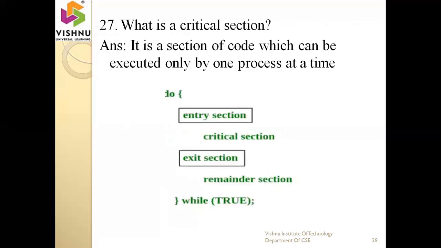Next one is, what is the critical section? A critical section is a section of code which can be executed only by one process at a time. I want to give an example. Our class contains 60 students and only one printer. I am asking that each and every one of you should showcase what messages you typed on your laptop, so you have to take a printout.